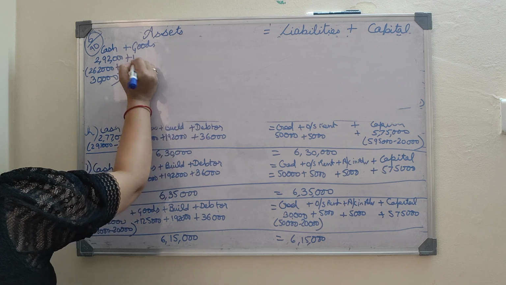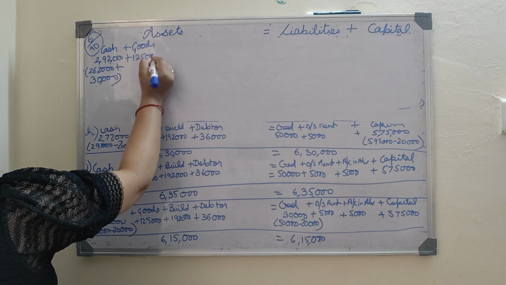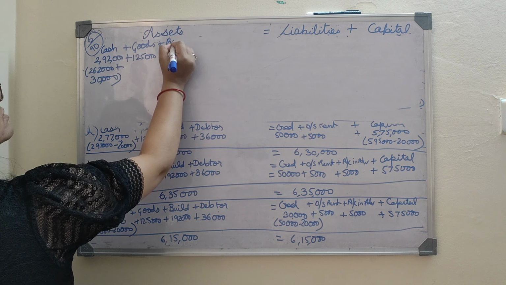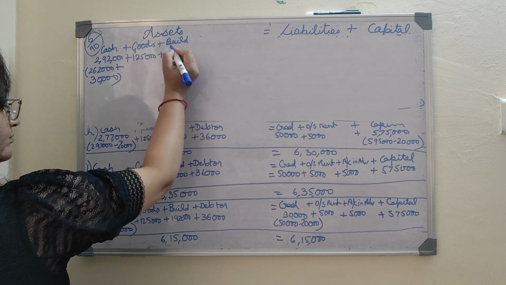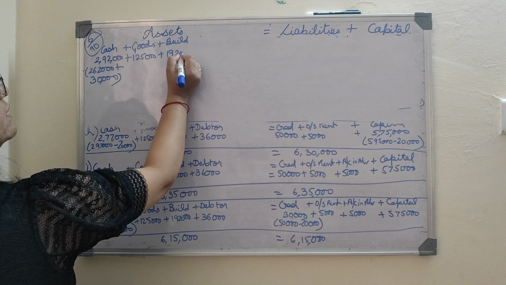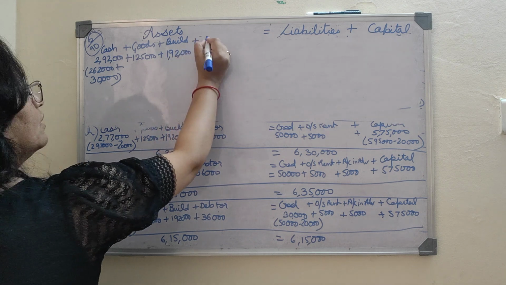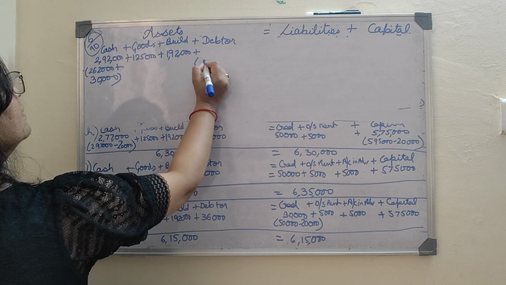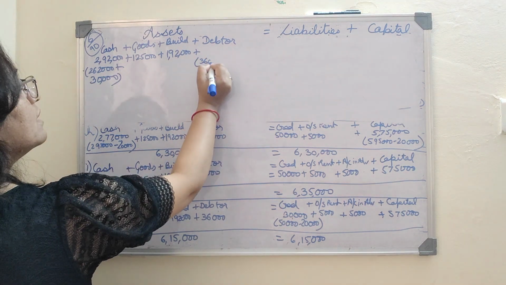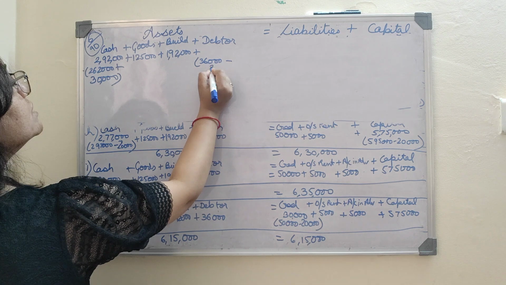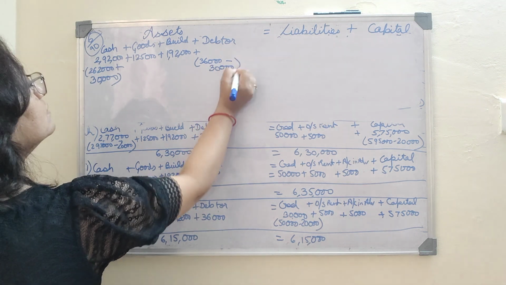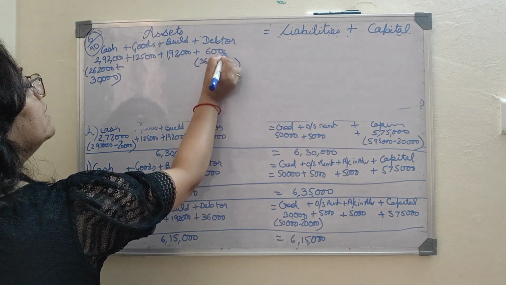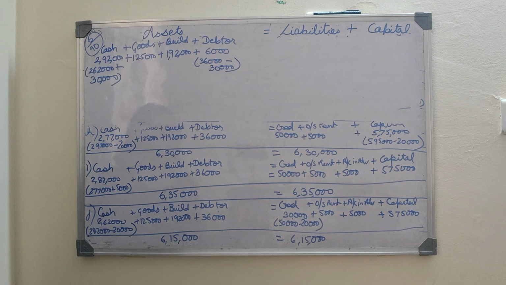Goods are 1,25,000. Then building also remains the same, 1,92,000. Now debtor we have to change because we have received money. So debtor is 36,000 minus how much he has paid us? 30,000. So 6,000 are only left with the debtor, right?